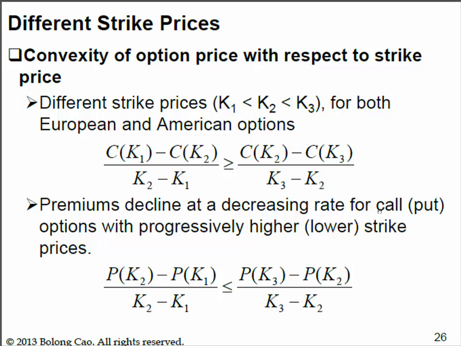If we contrast with calls, from K3 to K2, K2 to K1, the strike becomes lower and lower, and as the strike in the put option becomes lower and lower, the put premium becomes cheaper and cheaper. So yes, we know PK3 is higher than PK2, and that premium drop is for the strike price drop from K3 to K2. And PK2 is higher than PK1, and the difference between the two premiums is for the strike price drop from K2 to K1.